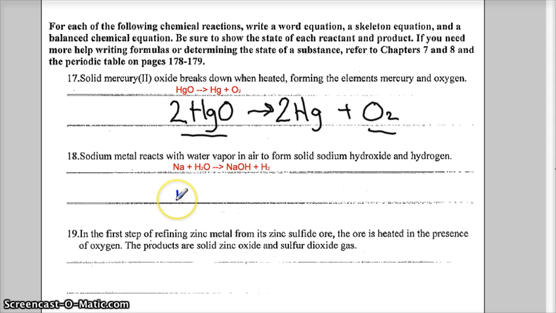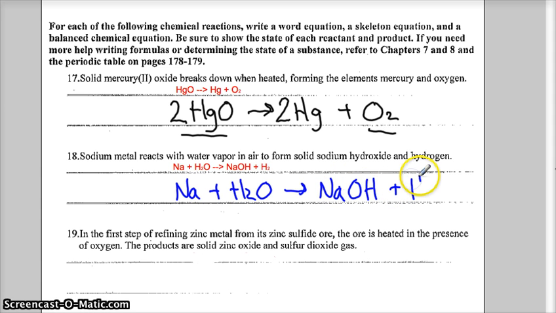So if we have Na plus H2O, that will give me sodium hydroxide plus H2.